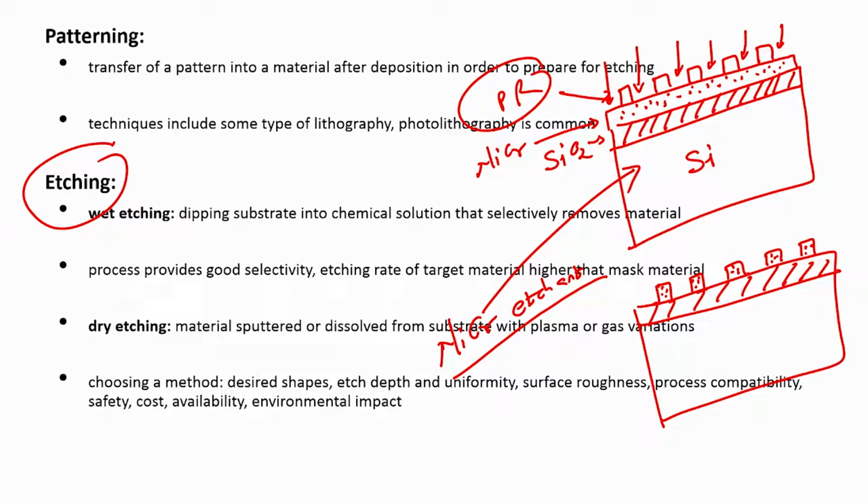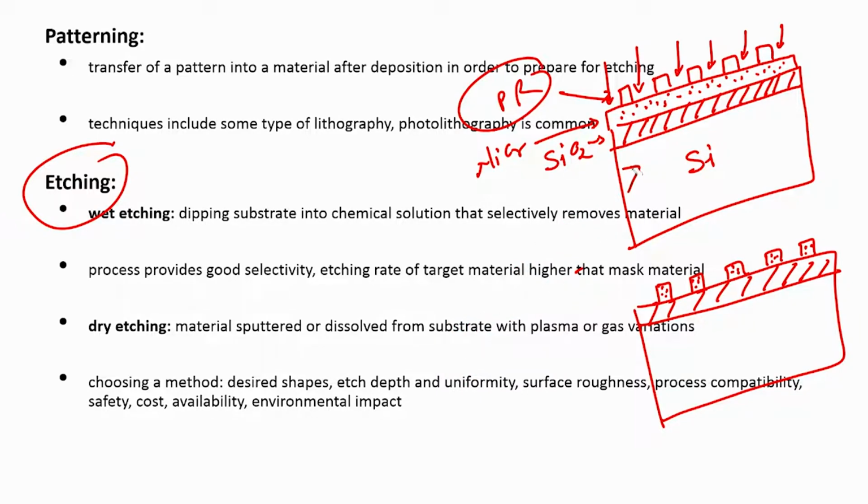So, if I use a nichrome etchant, which is a chemical, then that is called wet etching, because you are dipping the wafer in a chemical. The chemical is a solution that is used to etch the nichrome, and it is called wet etching.